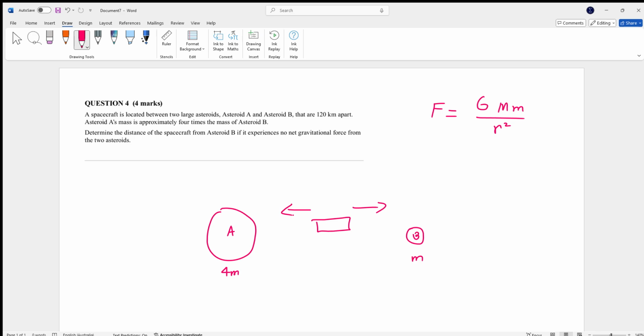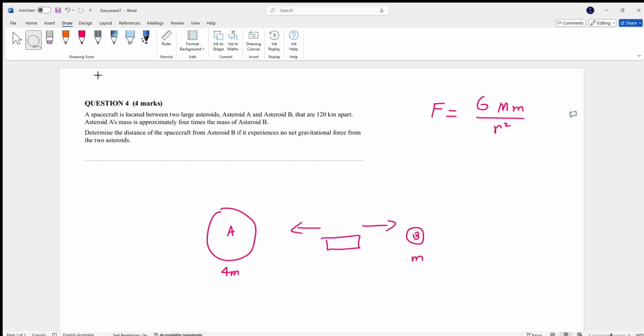Now, in order for it to have no net gravitational force, this has to be equivalent to this. Because the mass is bigger, the spaceship is most likely going to be closer to asteroid B, because mass affects it significantly. So in order to counterbalance it to have equal forces, this has to be closer here.